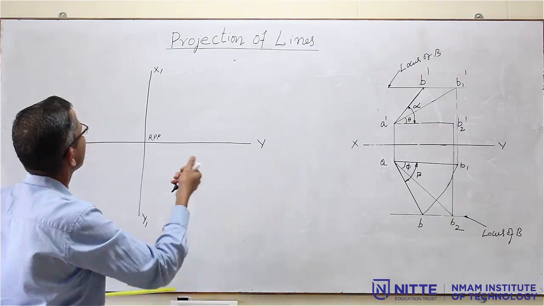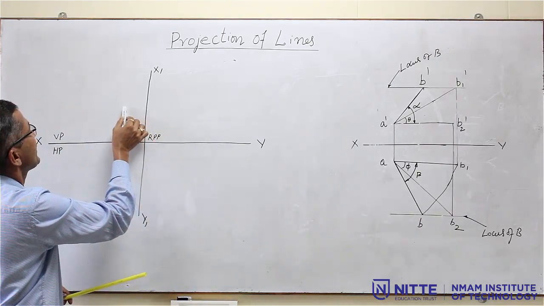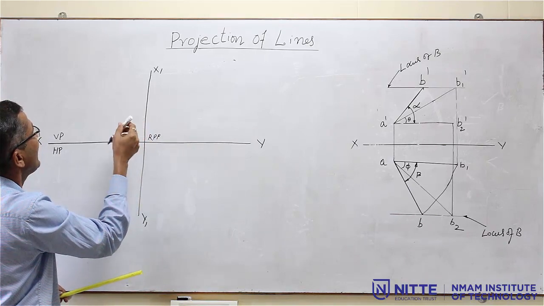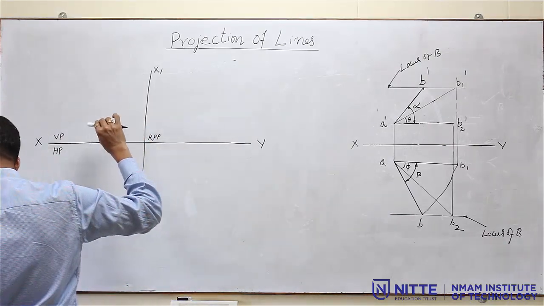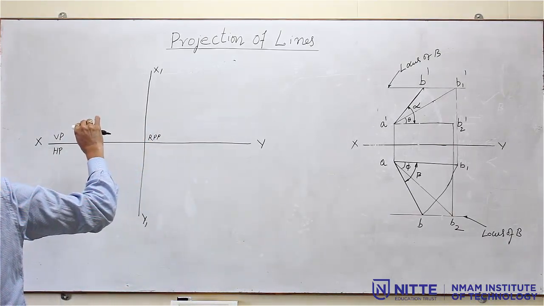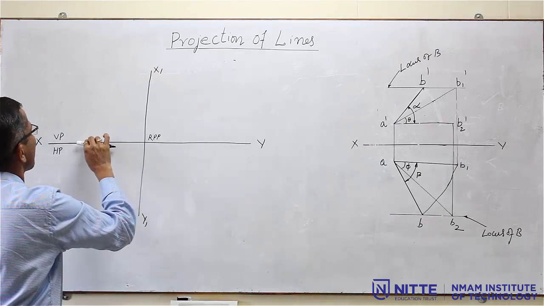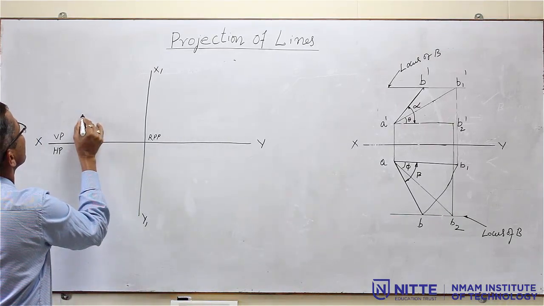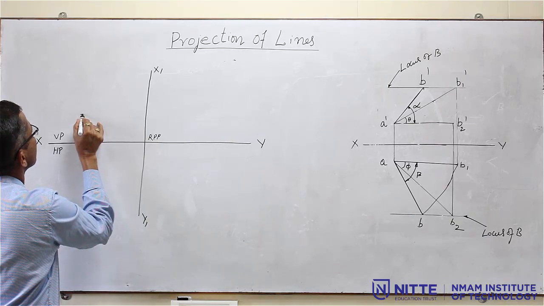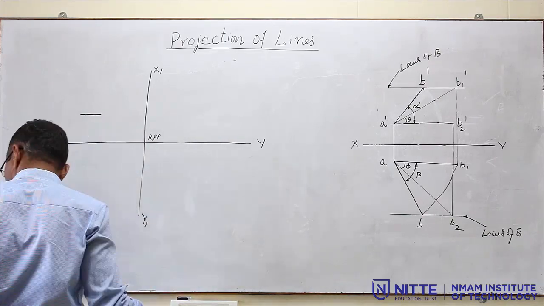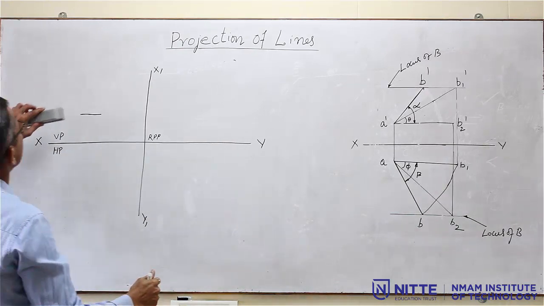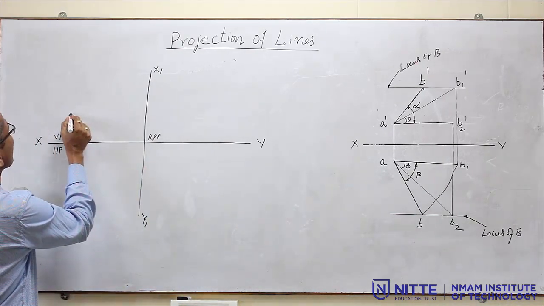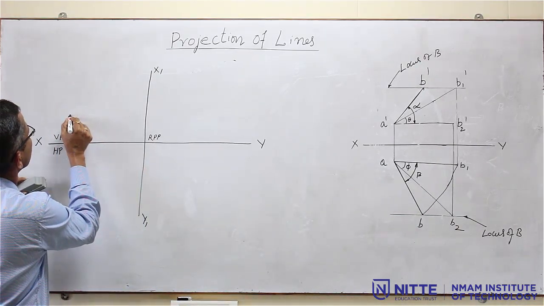So, what is this distance from the profile plane? You measure a distance of 20 mm and above HP it is 30 mm above HP. So, from here you measure a gap of 30 mm and draw a line parallel to XY line. Draw a line parallel to XY line.